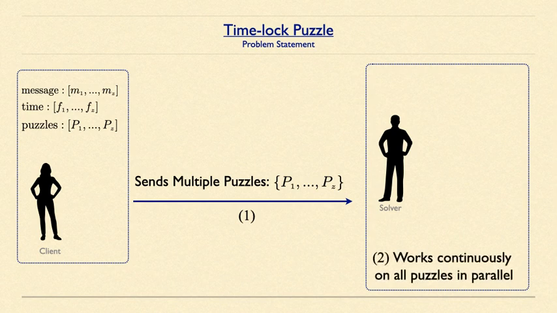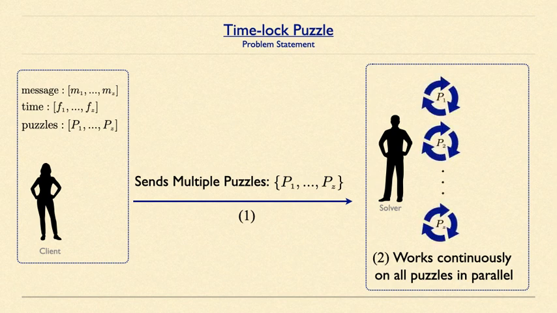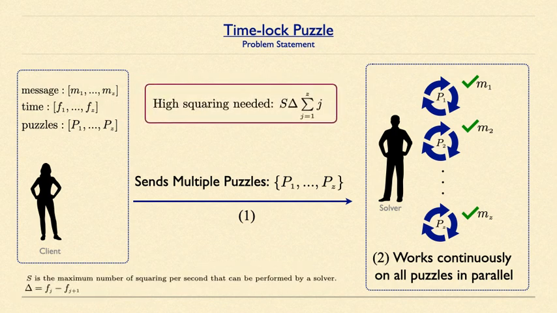The above naive approach yields two serious issues, demanding a high level of parallelization as each puzzle has to be dealt with separately in parallel to the rest, and imposing a high computation cost as the solver has to perform very high number of squaring to decrypt all messages. As can be seen, the total number of required squaring is significantly high.